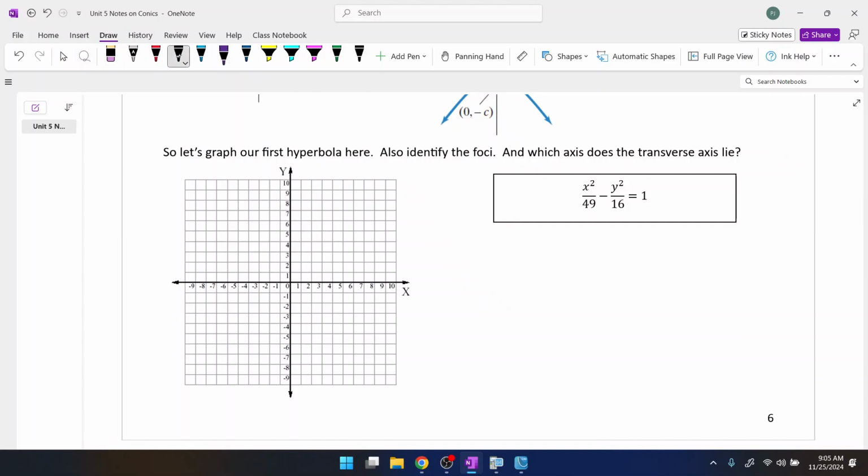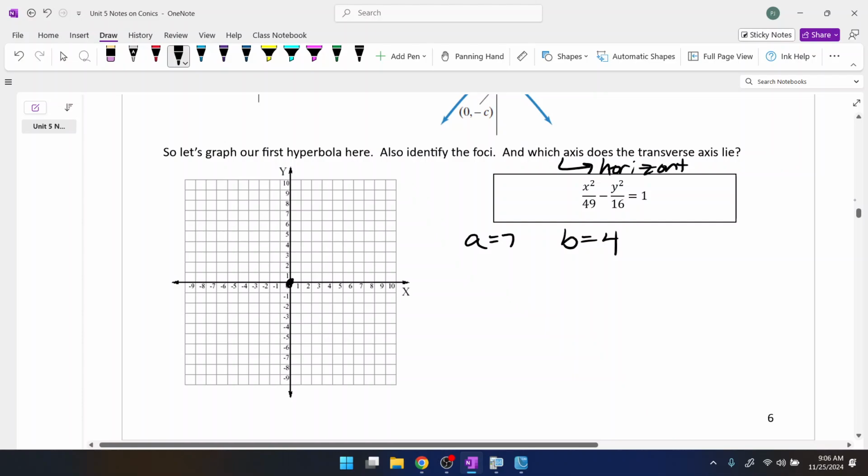It's going to be centered right here at the origin. So you'll have A equal to 7 and B equal to 4. The transverse axis is going to be your horizontal axis here.